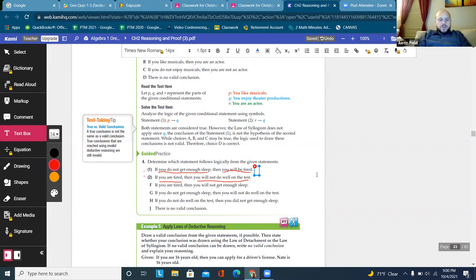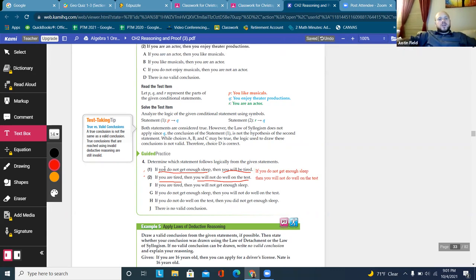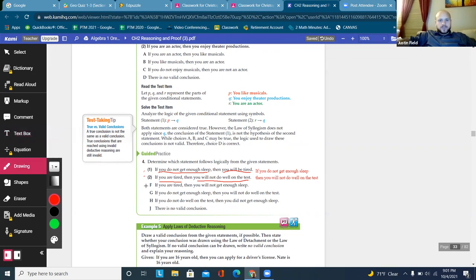Our syllogism would be, if you do not get enough sleep, then you will not do well on the test. You see? So the original hypothesis and the last conclusion become a new statement using the law of syllogism.